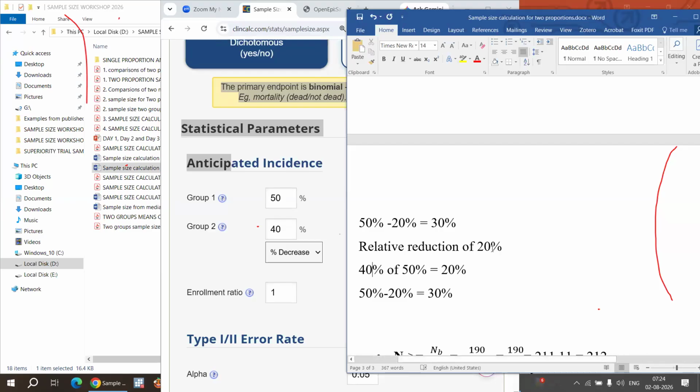So here 40% answer. So relative reduction of 40%, you can check it here. So 40% or 50%, what will be? 20%. So here 20% relative reduction. Okay. So this relative reduction is 40%. Absolute reduction is 20%. So this is coming according to this.